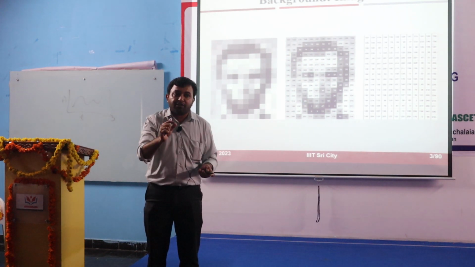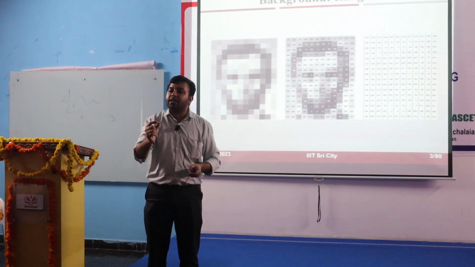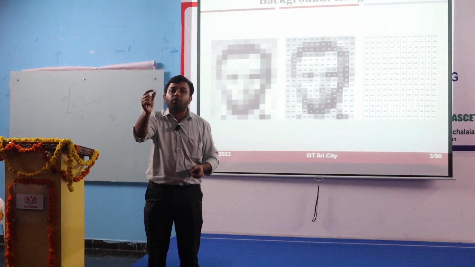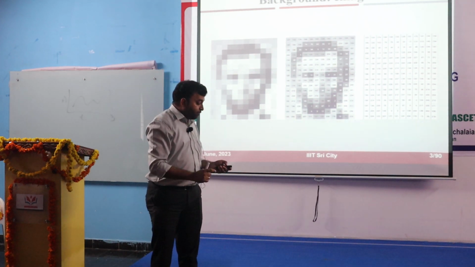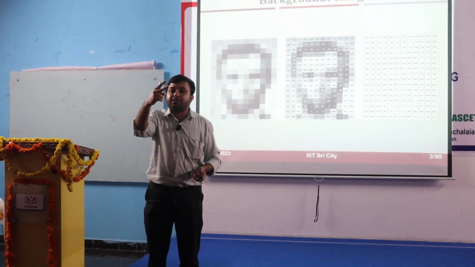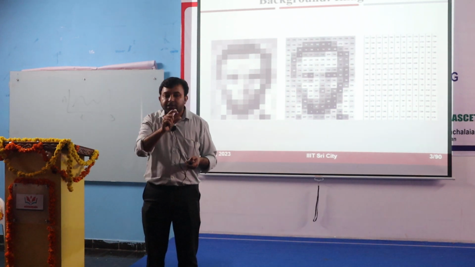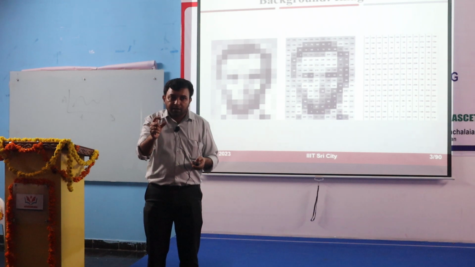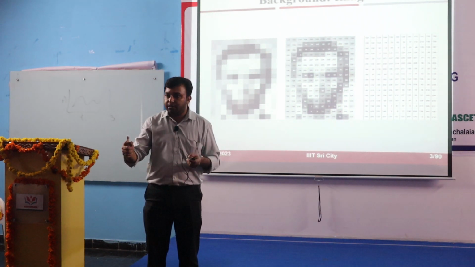If it is black and white, one bit is used to represent one pixel, so you can have only two values, that is 0 or 1. If you have 2 bits to represent one pixel, then how many values can you have? 0 0, 0 1, 1 0, 1 1. So that means 0 to 3.